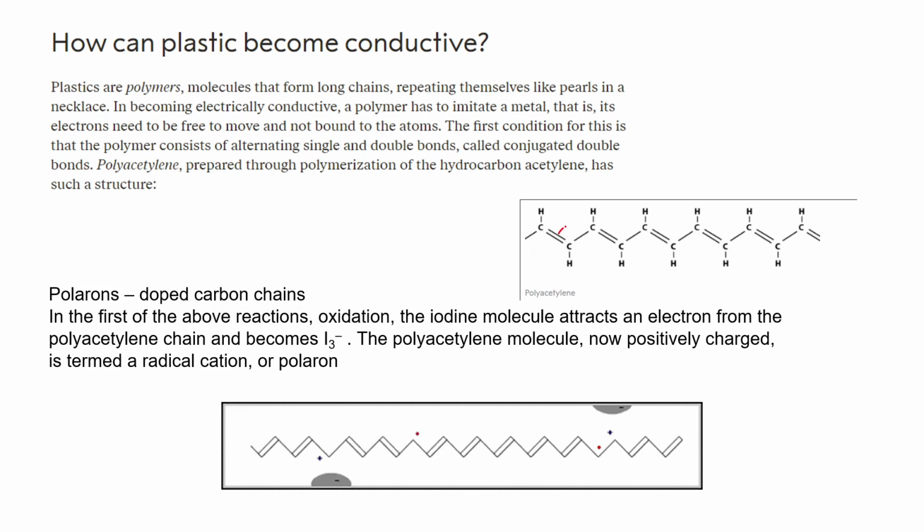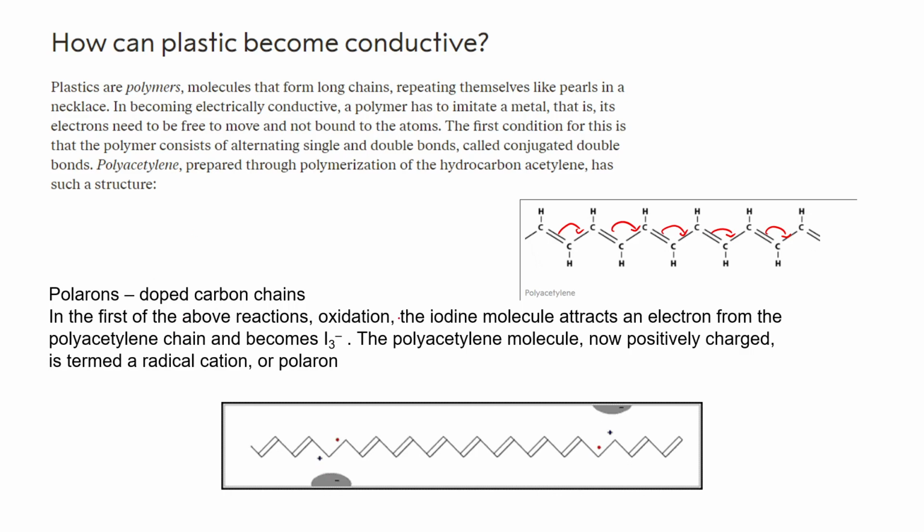So now you are seeing that this conjugation is always there. That's the way to make this flow of electrons from one end to another end. Using these possibilities, these people have worked and they have used polarons or doped carbon chains.